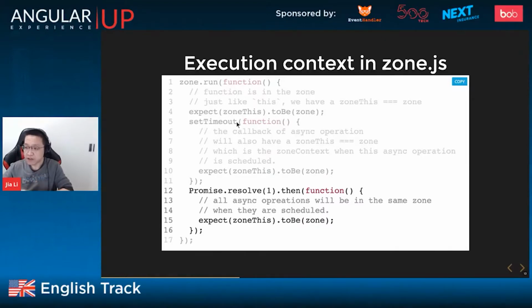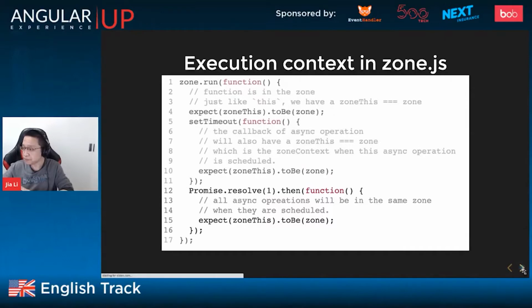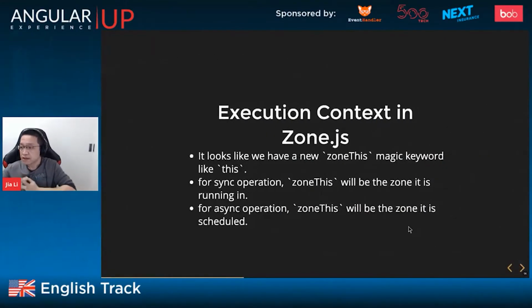So when we run some function inside the zone, we suddenly have a new zone this execution context that persists across functions and also across asynchronous operations. This is the most fundamental feature of Zone.js. It provides an additional execution context.